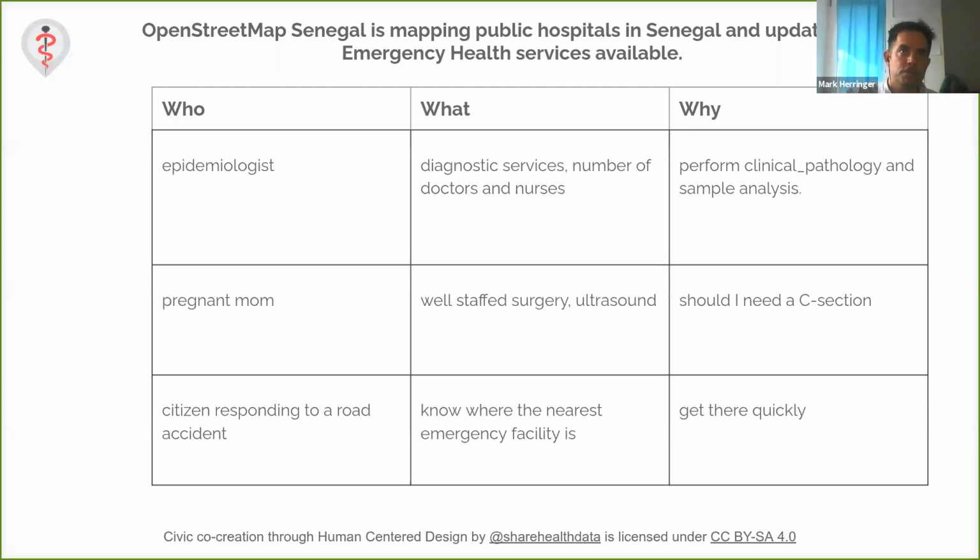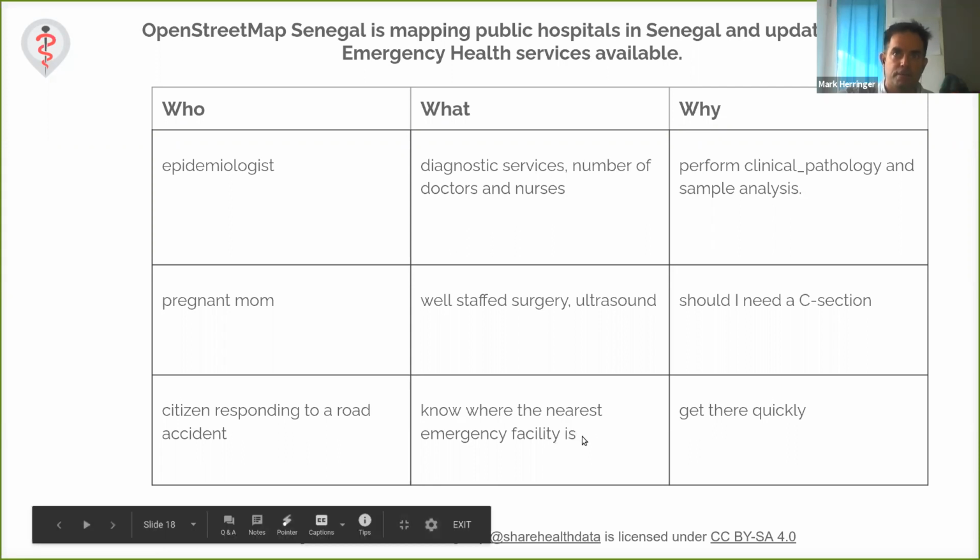So if we look at the three stories, we've now identified the attributes that fall into the what column: diagnostic services, number of doctors and nurses, a well-staffed surgery, an ultrasound, where the nearest emergency facility is.